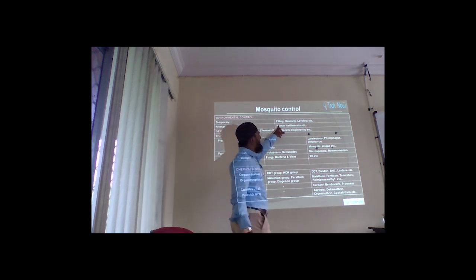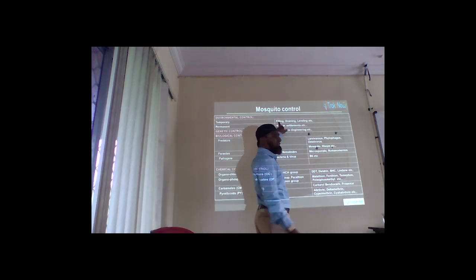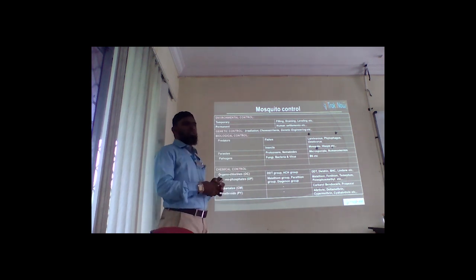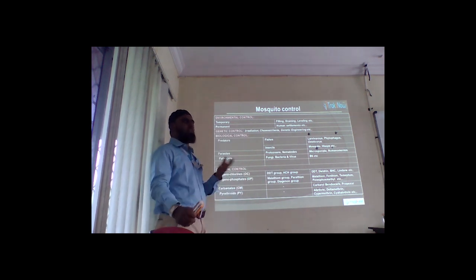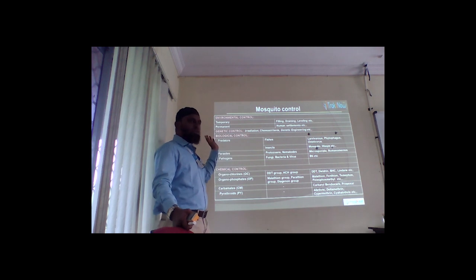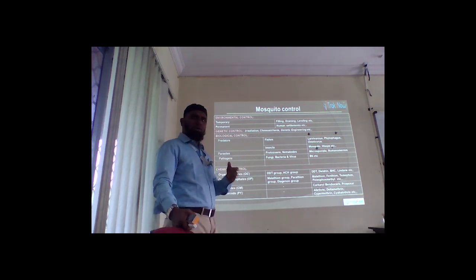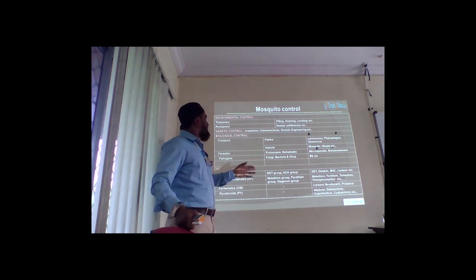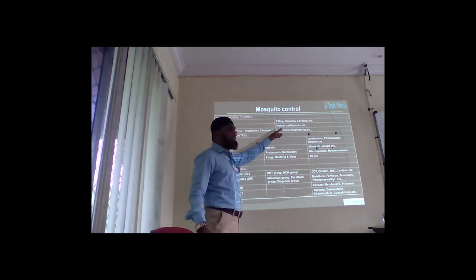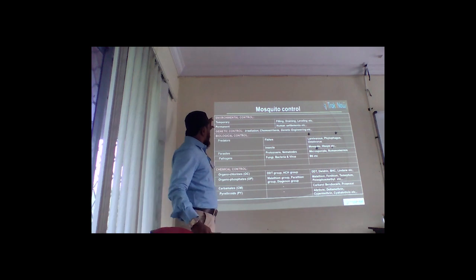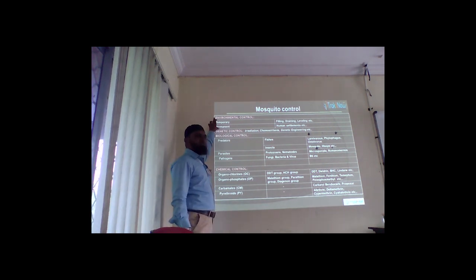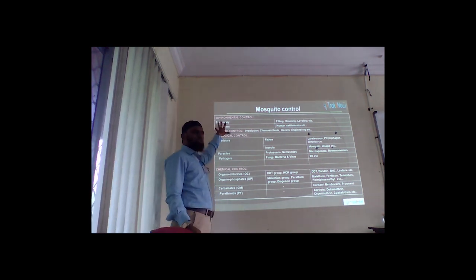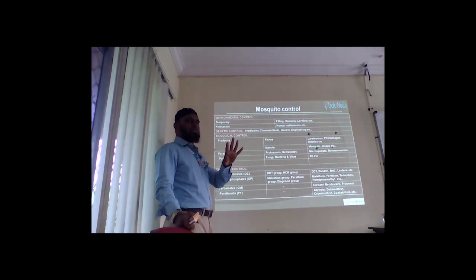Simply go and do draining, leveling, filling, whatever the natural habitat conditions, we can create those phenomena with our physical efforts. Then permanent human settlements. So environmental control is the very best way to control mosquitoes without ecological damage.